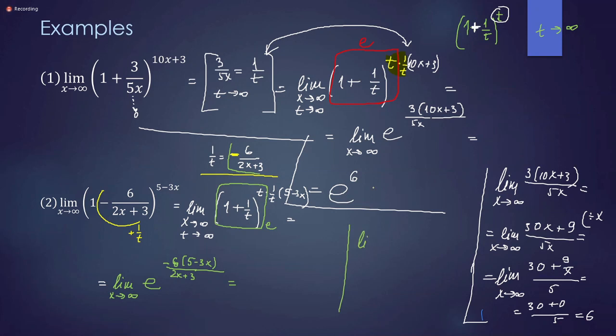Once again, I remind you, don't forget to divide constants by the highest power of x. In this case, it's just x. So we see that we have 0 plus 18, 2 plus 0. So it's 18 divided by 2, that's 9. And so that is the exponent. So the final result is e to the 9th power in this case.